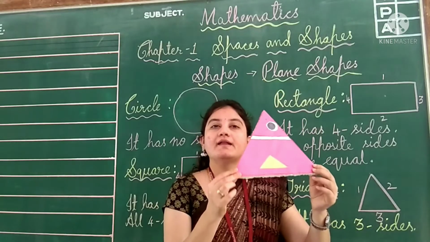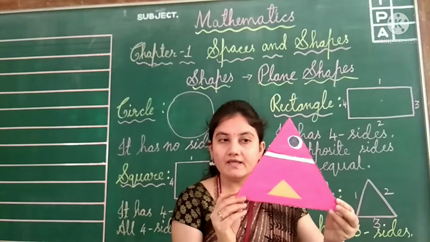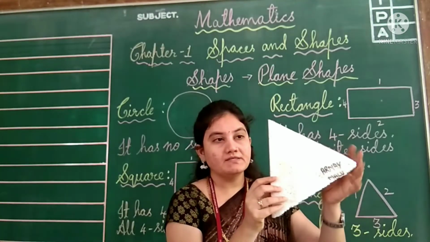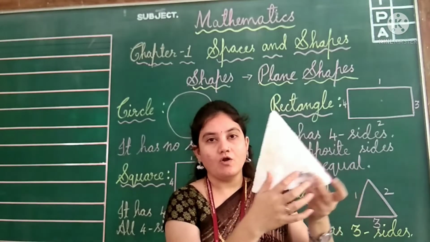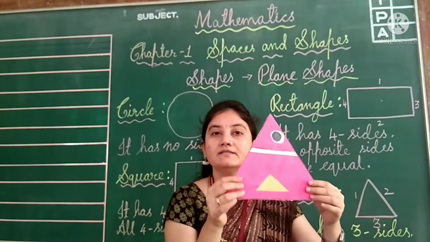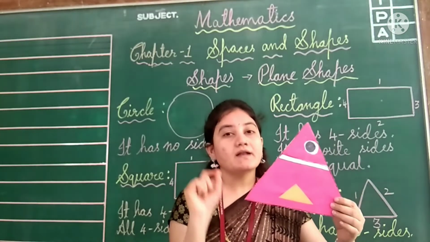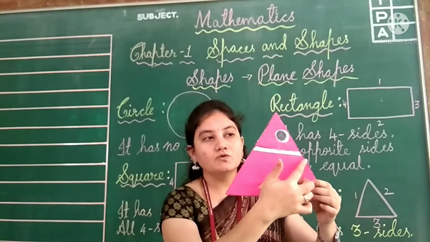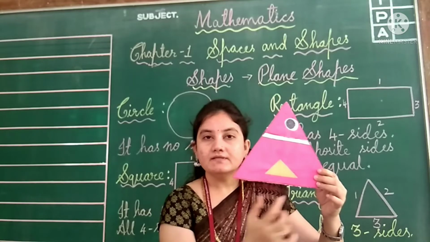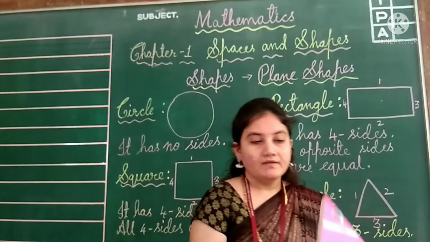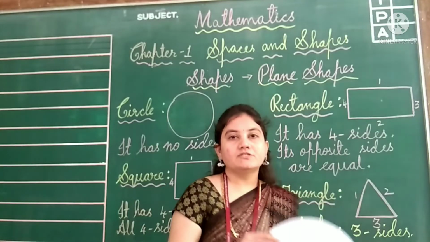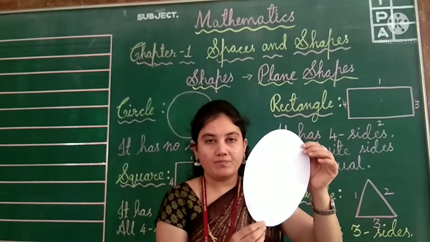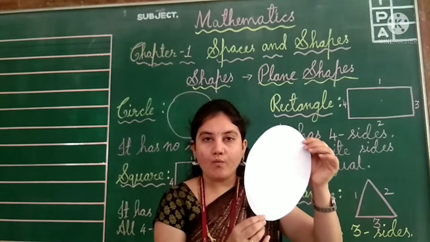This is triangle. It is made up of thermocol. Okay, see. This is made up of thermocol. It has 3 sides. Means triangle has 3 sides. See here. 1, 2, 3. 3 sides. Okay. Then one more object I want to show you. This is oval shape. Which shape, children? Oval.